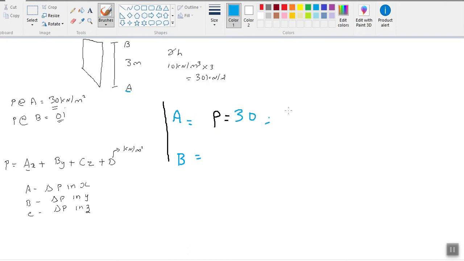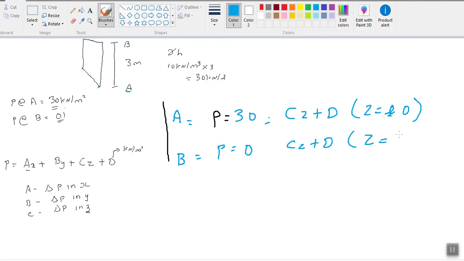So A and B are 0, and we have Cz plus D. Z is 0 because you're measuring everything from this base. Now at B, pressure is 0, and we have Cz plus D where Z is 3 meter.